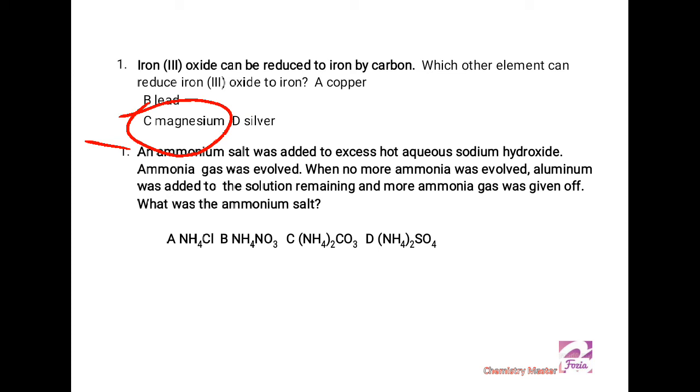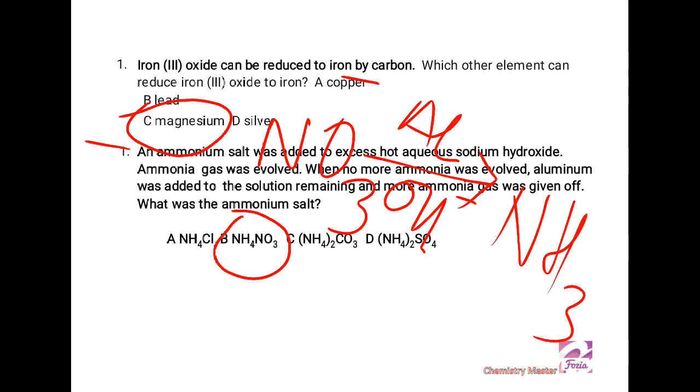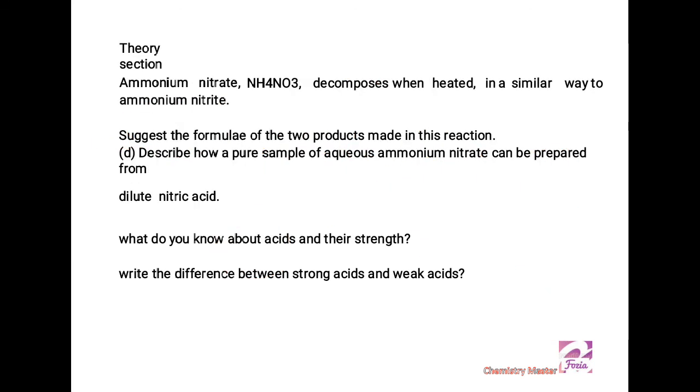Now the answer is very clear: it is the salt ammonium nitrate, because these nitrate ions will be reduced by aluminum in the presence of hydroxide ions to give ammonia gas. So the right answer is ammonium nitrate.